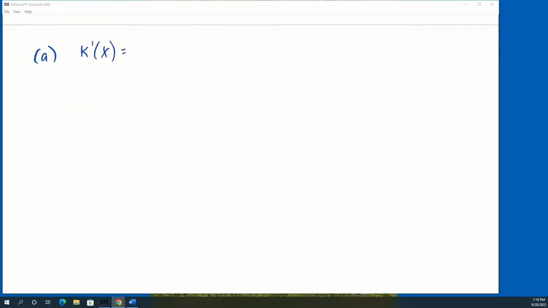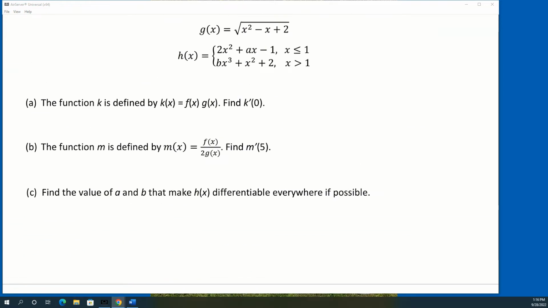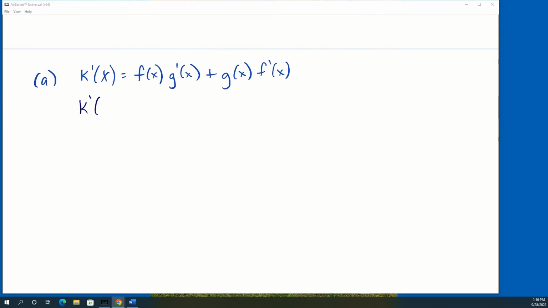So if k of x is f times g, the derivative of k is going to be the product rule, where we'll leave f alone, multiply by the derivative of g, plus leave g alone, and then multiply by the derivative of f, right? And then the next thing you would want to do, since we're doing k prime of 0, is put 0 in for all of the x's.